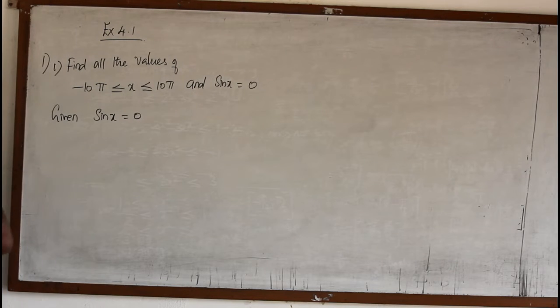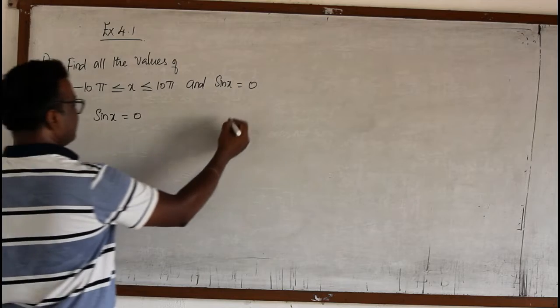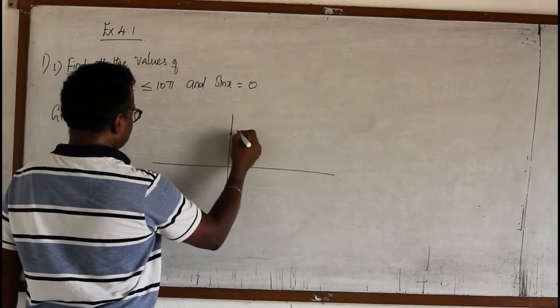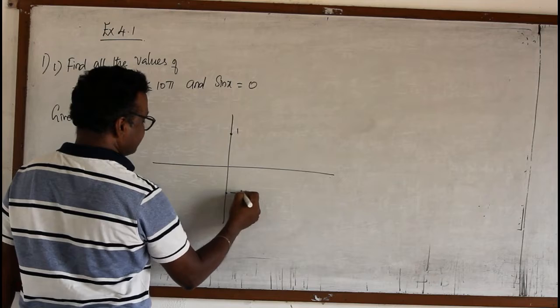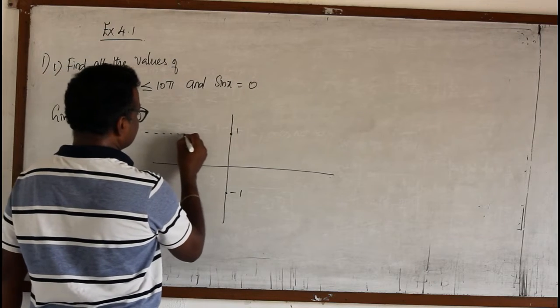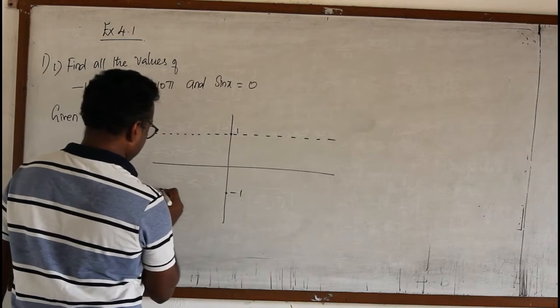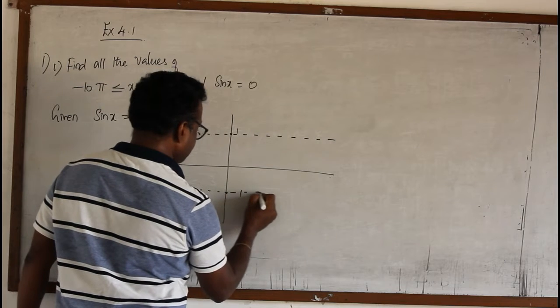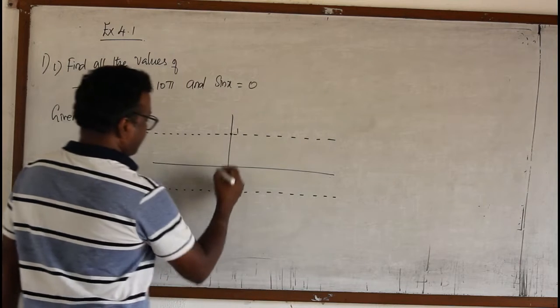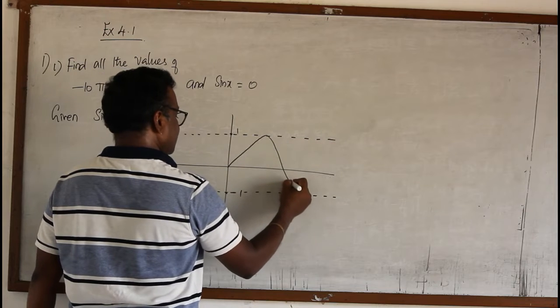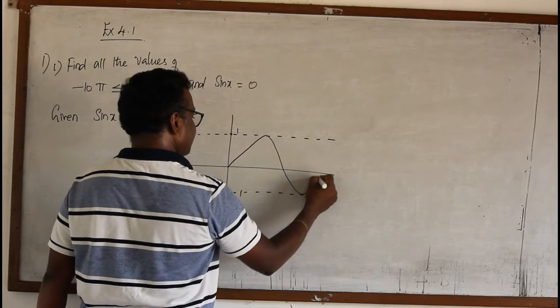Let me go for the graph of sin x. Remember, for the sin x graph, we know the maximum value is plus 1 and the minimum value is minus 1. Suppose this is the boundary line. Then the maximum value is 1, then 0, and it is minus 1.